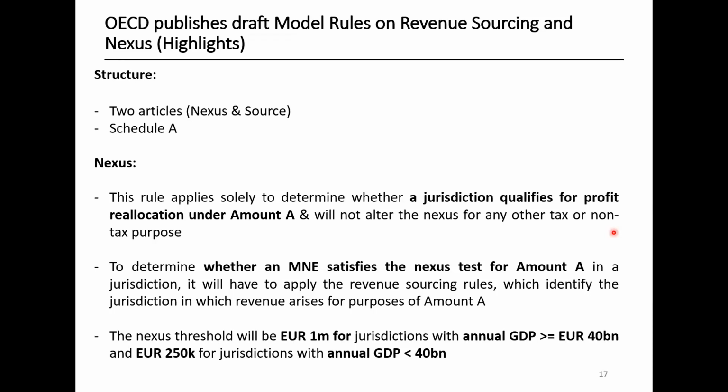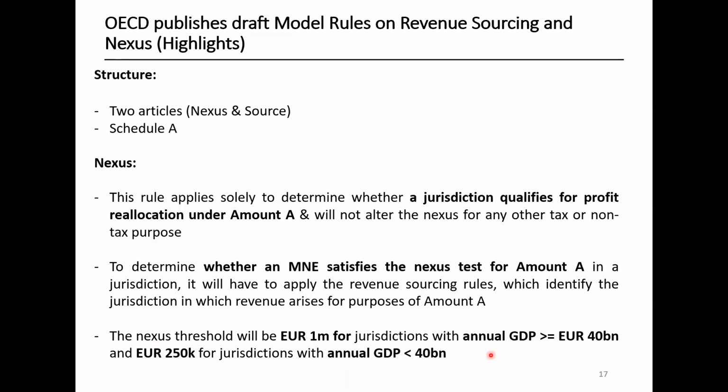If it does not meet that basic threshold of nexus, then that reallocation may not happen. The threshold has been set at 1 million for jurisdictions with a GDP of 40 billion and above, and $250,000 for countries where the annual GDP is less than 40 billion.